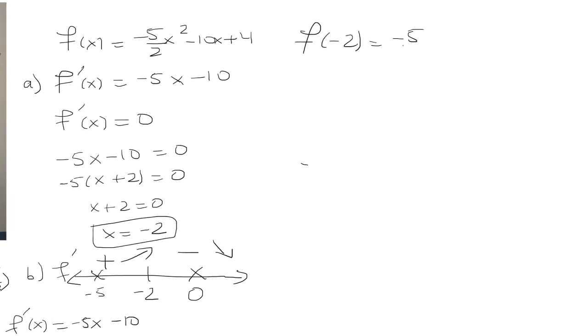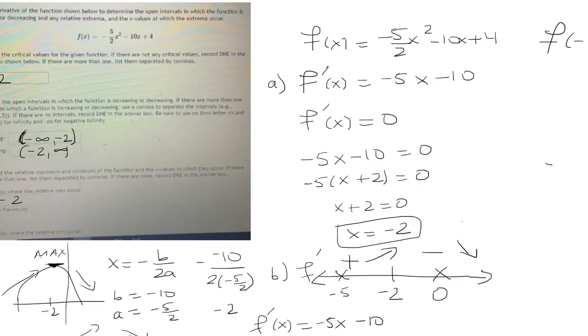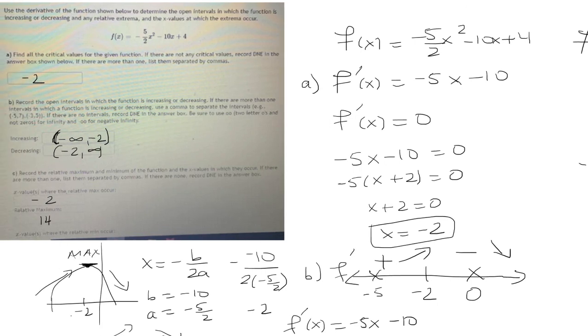Get -5/2 multiplied by -2 squared minus 10 times -2 plus 4. So -2 squared is 4 times -5/2 is -10. -10 times -2 is 20 plus 4 is 14. So the maximum is 14. Plug it in over here. Okay, so the relative maximum is 14. And so this completes the problem.